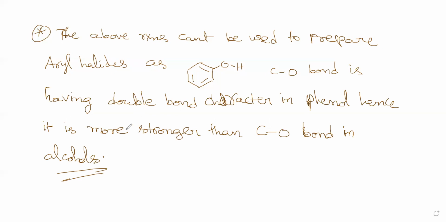So this is the reason: the C-O bond is stronger than the C-O bond in alcohols. We can say partial double bond character to be exact. Why partial double bond character? That we'll discuss later. It is because of resonance structures in phenol.